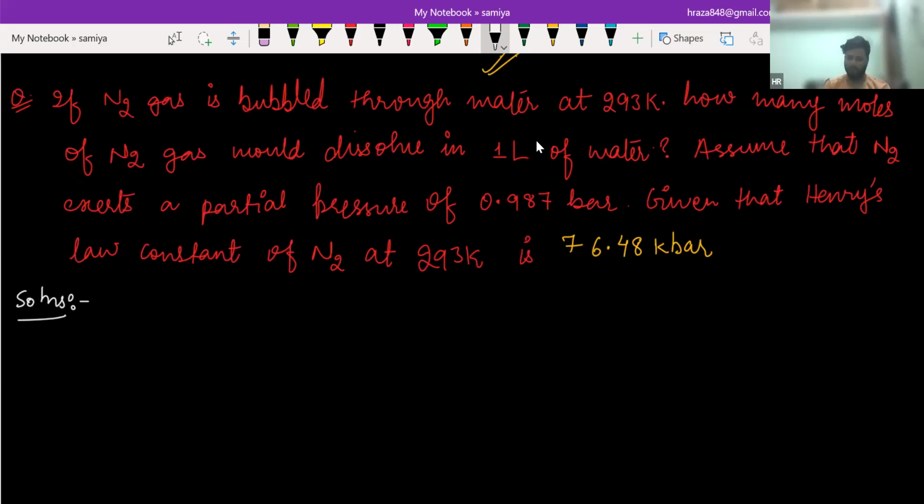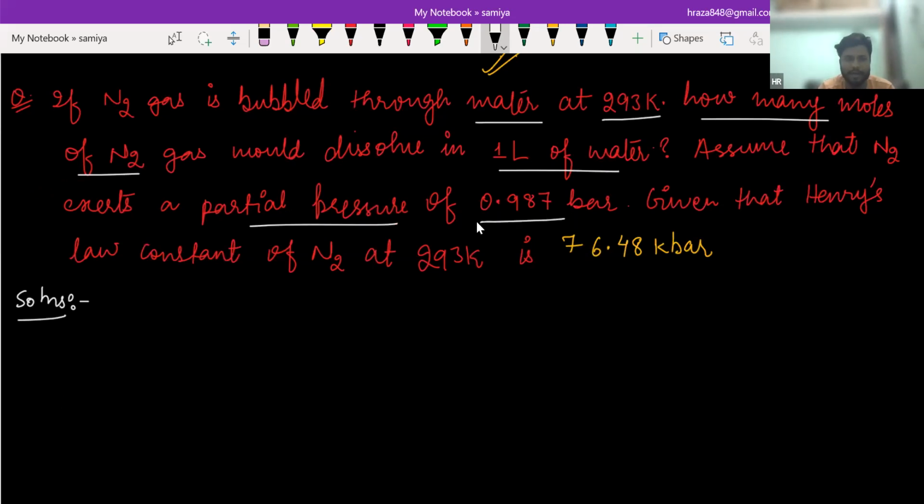The solution component is gas, that is N2, and water at 293 Kelvin. It asks how many moles of N2 gas would dissolve in 1 liter of water. We need to calculate the moles of N2 in 1 liter of water. Also, it is given that the partial pressure is this much and Henry's constant is this much.